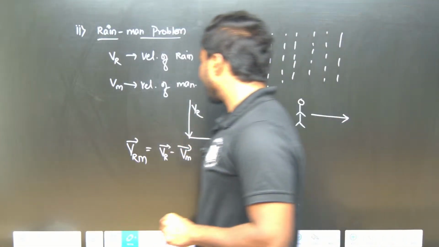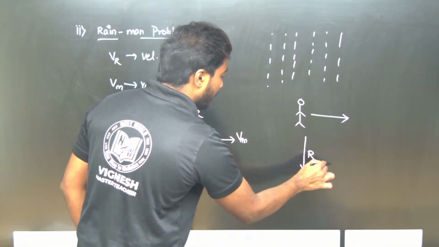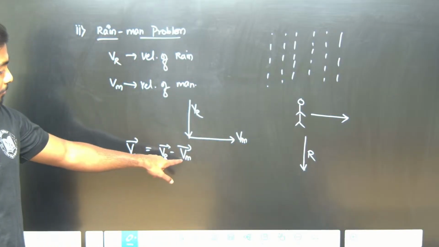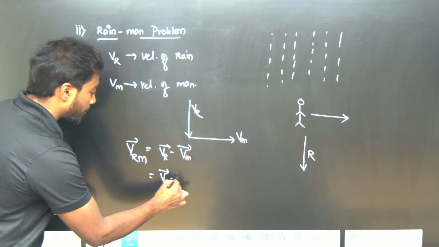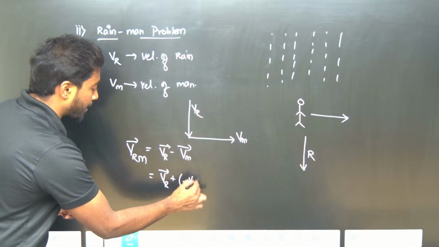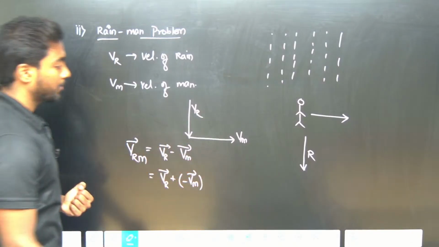When I redraw the diagram, can I draw like this? Velocity of rain, and velocity of man is there. See here, velocity of rain plus minus velocity of man, so in the negative direction.